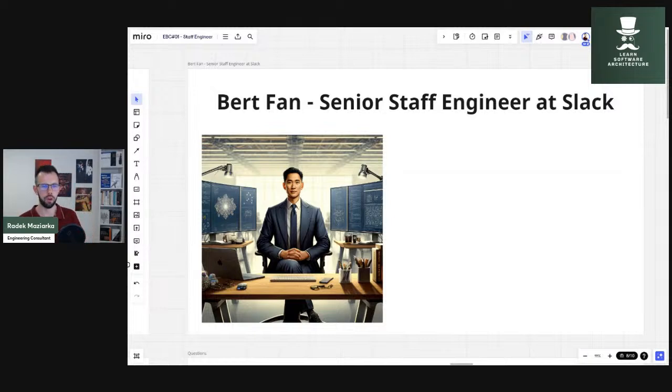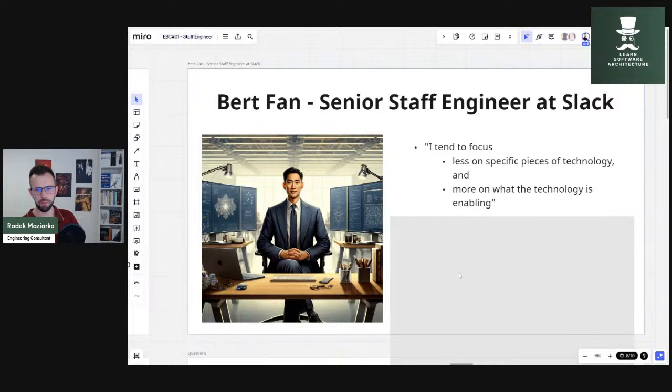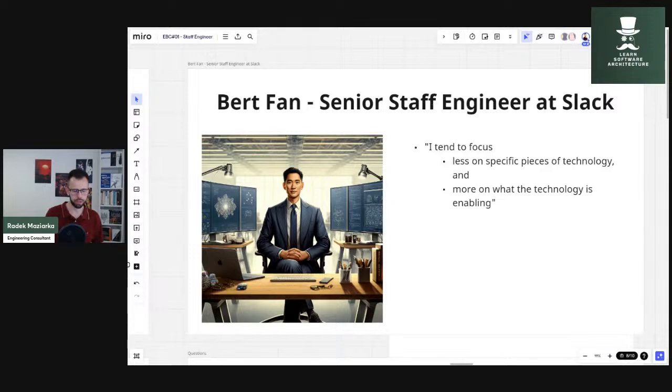story is from Bert Fan, who worked as a senior staff engineer at Slack, and he wrote that I tend to focus less on specific pieces of technology and more on what the technology is enabling.